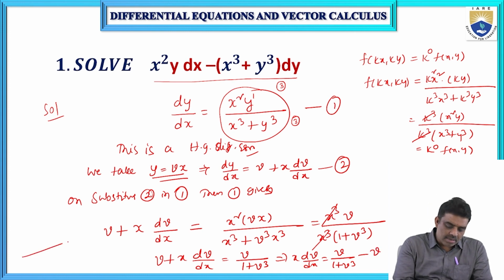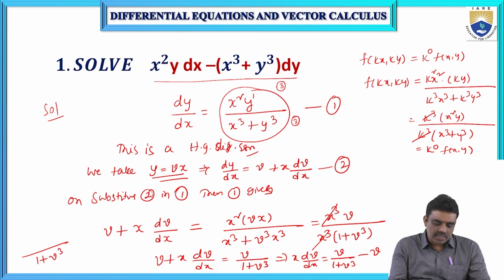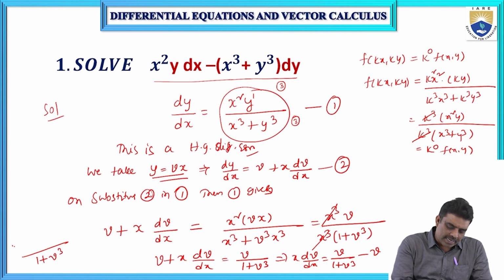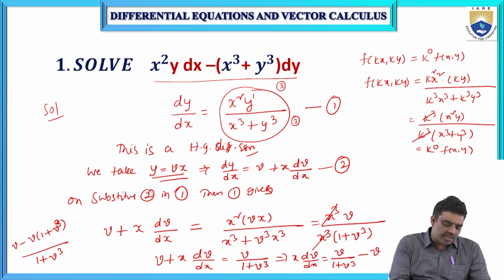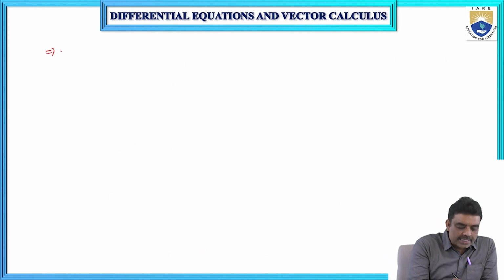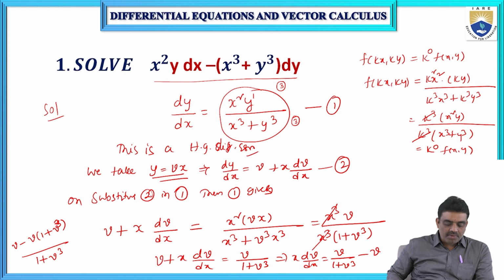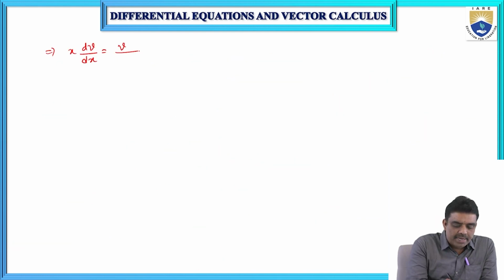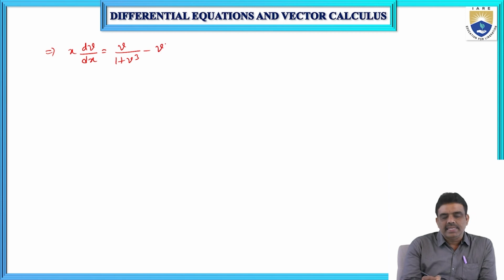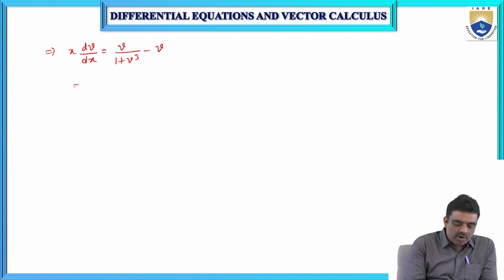So what is the LCM here? The LCM is 1 plus v cube on the right hand side. In the numerator it is v minus v into 1 plus v cube. So that we will get x dv by dx is equal to, on the right hand side, v by 1 plus v cube minus v, or I can write 1 plus v cube in the denominator.